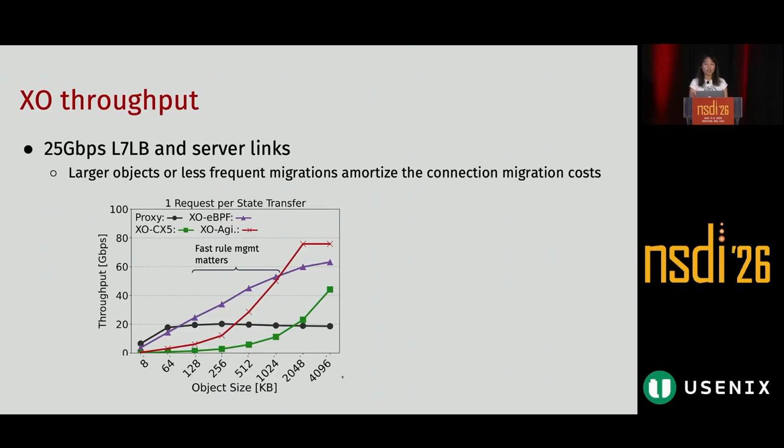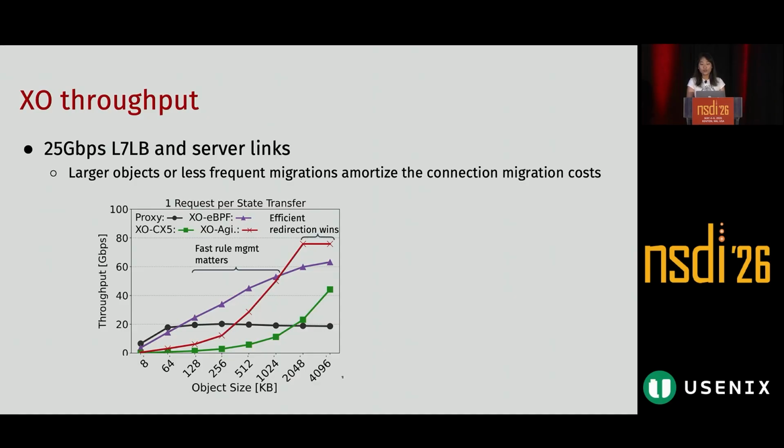When state transfer occurs for every request, as shown in this plot, we see XO eBPF outperforming the proxy from 128 kilobyte objects. XO eBPF overtakes the hardware variants at small object sizes because its rule installation is pure software, so there's no need to wait for NIC hardware reconfiguration.